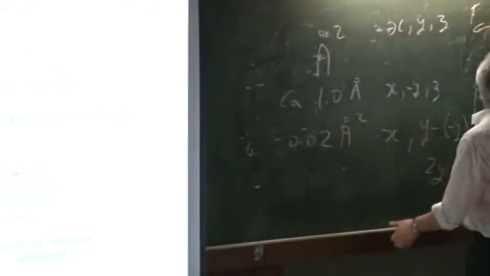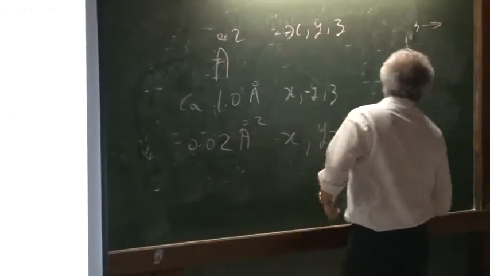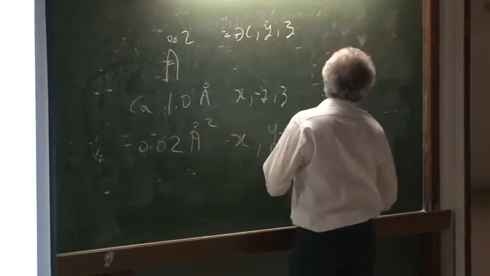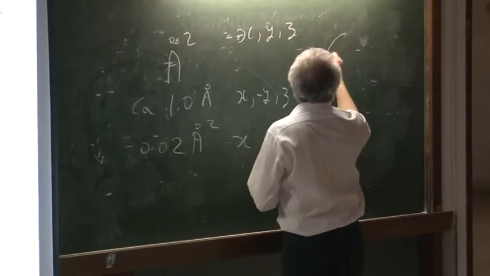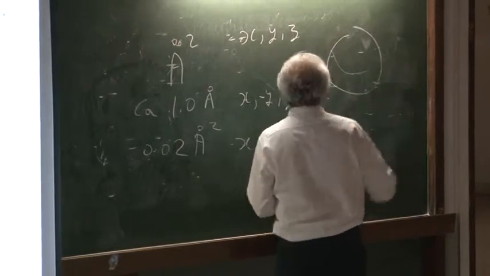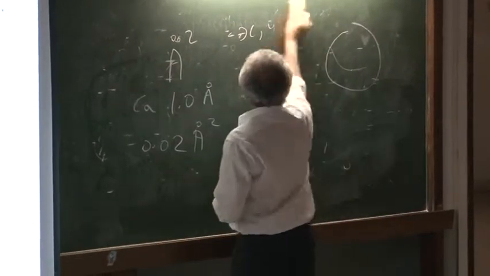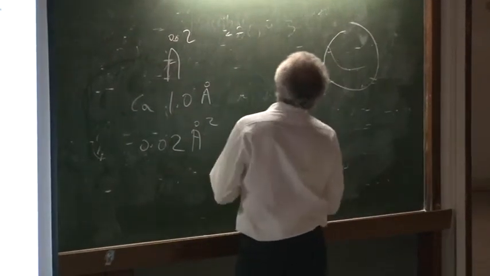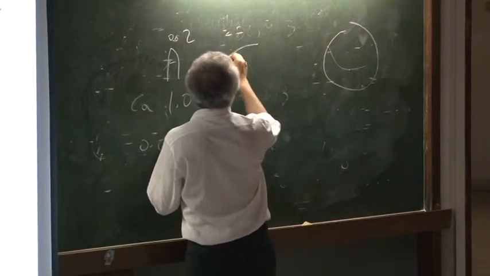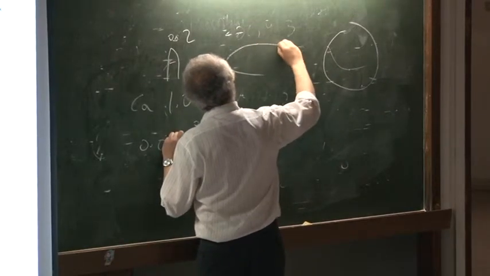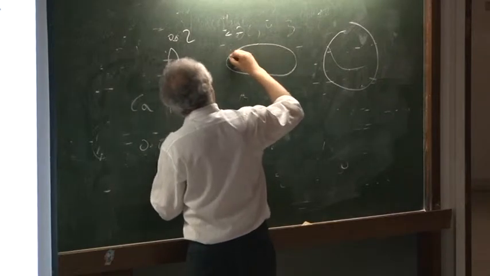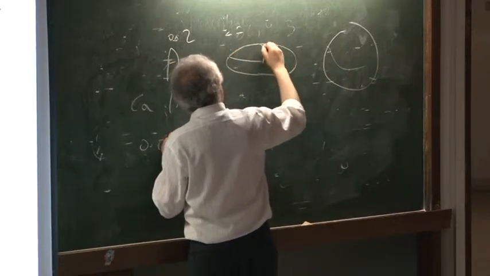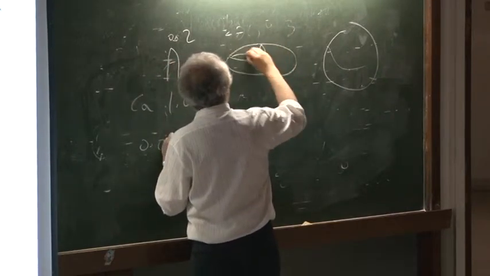In an isotropic system, you get a nice sphere to describe your atom. In an anisotropic system, you get this thermal ellipsoid, as we call it. It's often drawn like this.